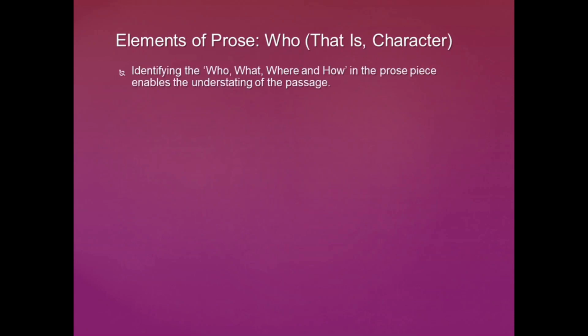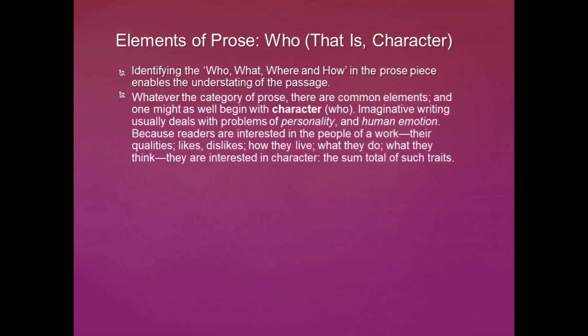The elements of prose, when discussed, talk about the who, that is, character. Identifying the who, what, where, and how in the prose piece enables the understanding of the passage. Whatever the category of prose, there are common elements, such as, one might as well begin with a character, that is who.